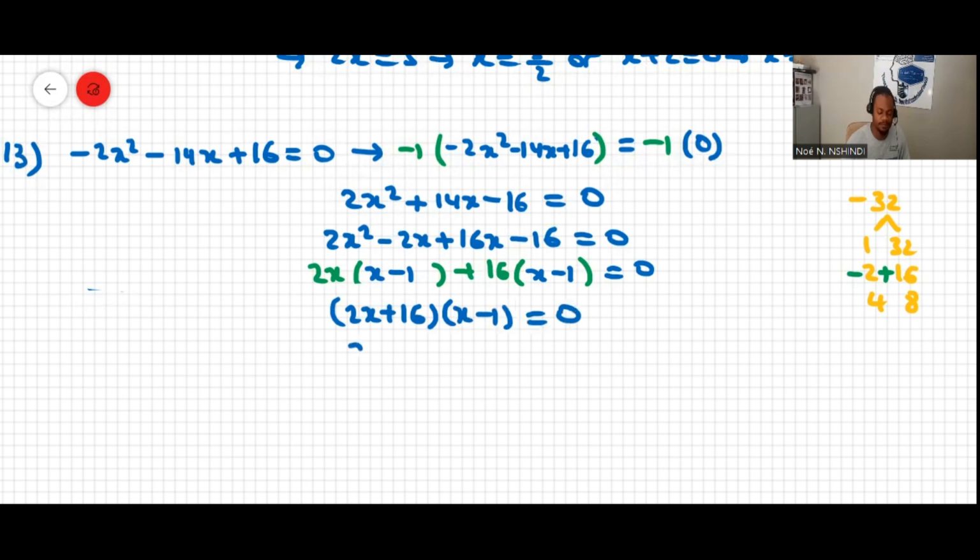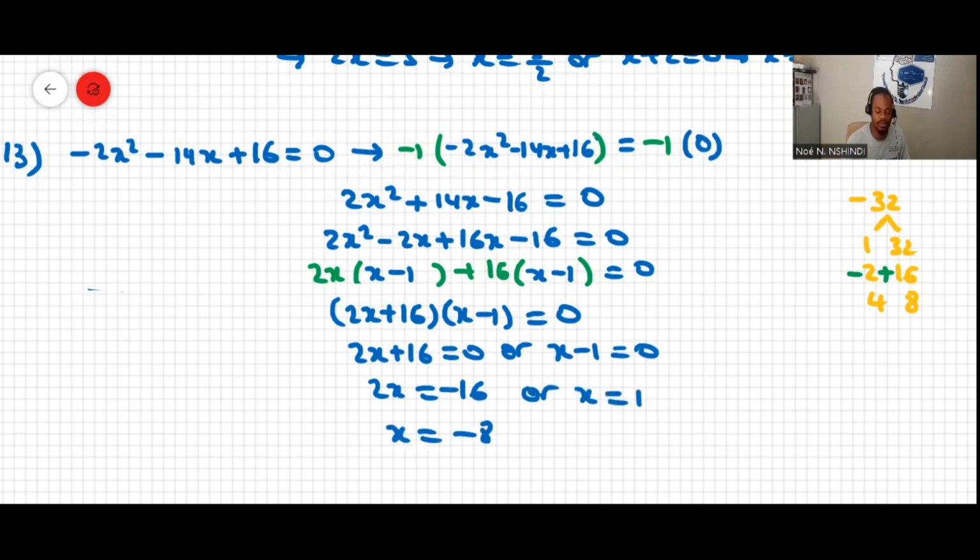That means 2x plus 16 equals 0, or x minus 1 equals 0. This means 2x equal to negative 16, so x will be negative 8, or x is just equal to 1. Okay, that's question 13.